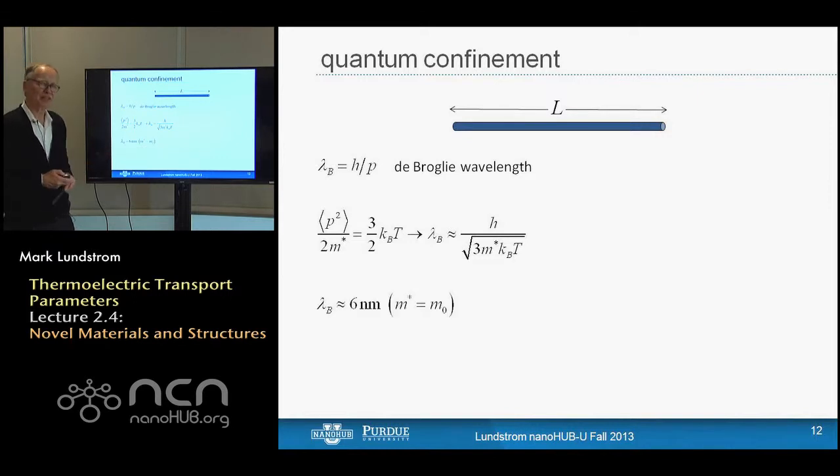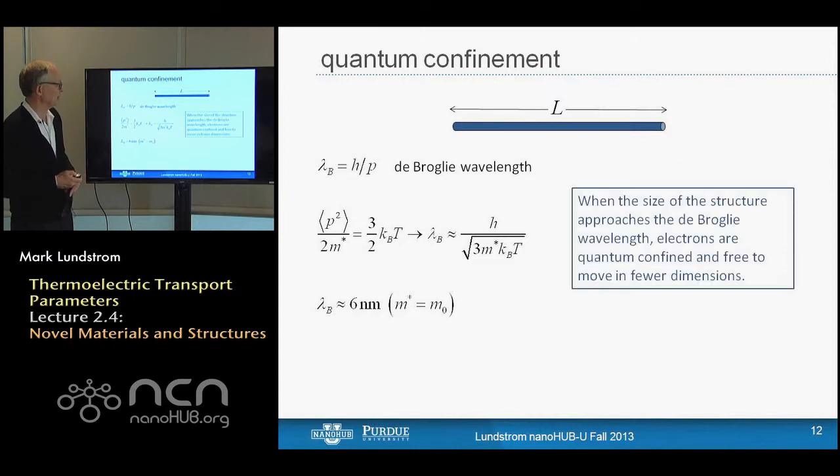And if you put numbers in for a material that has an effective mass equal to the electron rest mass, you'll find that the de Broglie wavelength is several nanometers. If you put in a light effective mass material, the de Broglie wavelength will be even bigger, and the quantum confinement will occur at even larger dimensions.